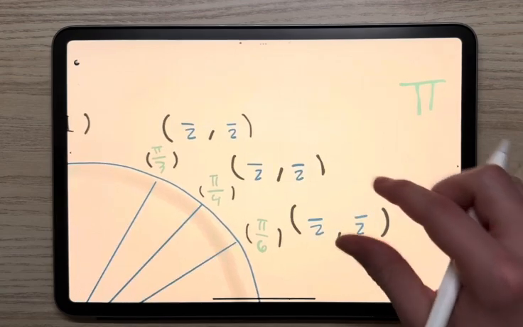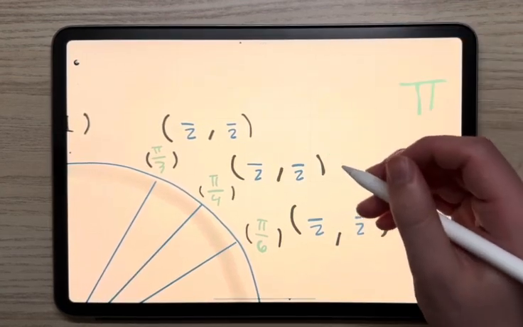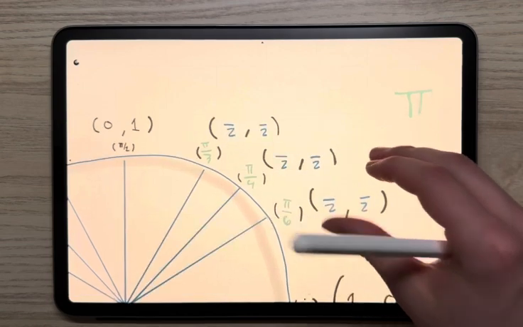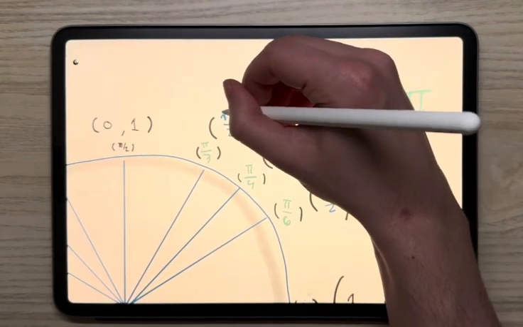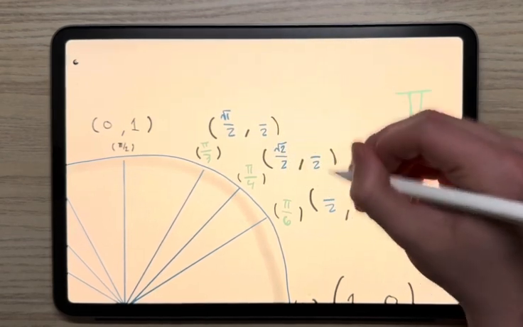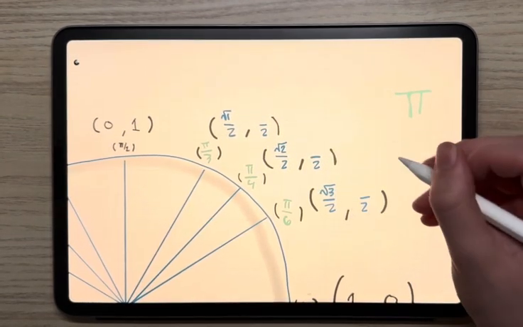It's the same for this, but instead, it's going to go like square roots. So this is going to be square root of 1, square root of 2, and square root of 3.